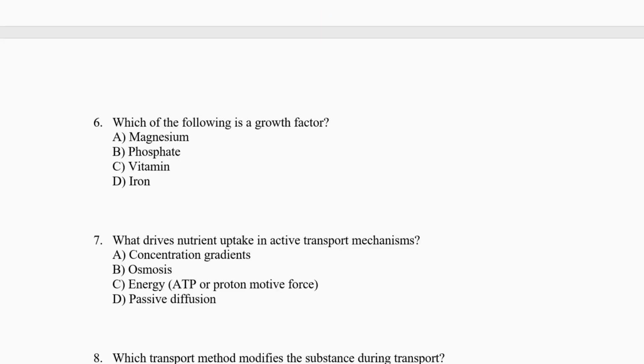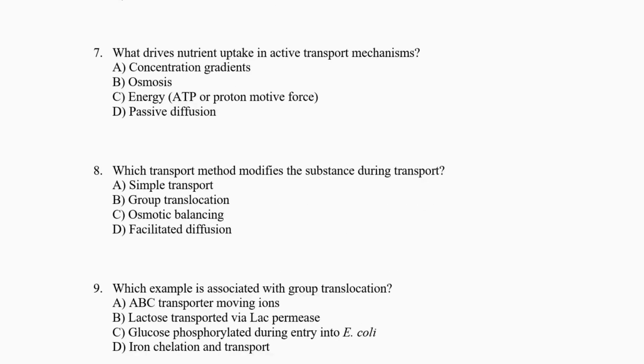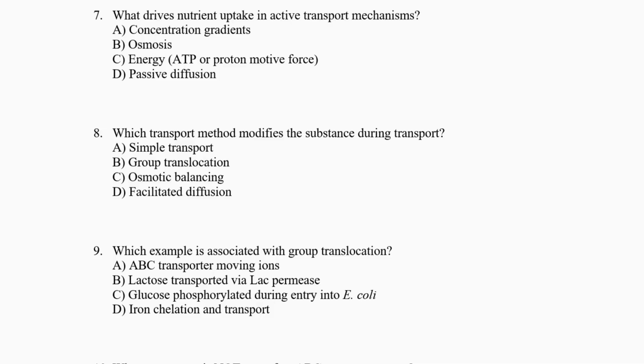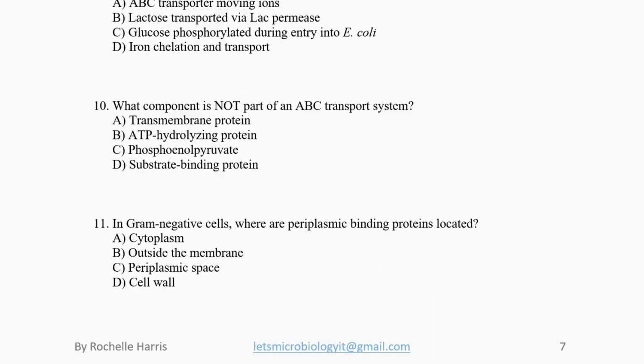6, which of the following is a growth factor? 7, what drives nutrient uptake in active transport mechanisms? 8, which transport method modifies the substance during transport? 9, which example is associated with group translocation? 10, what component is not part of an ABC transport system? 11.